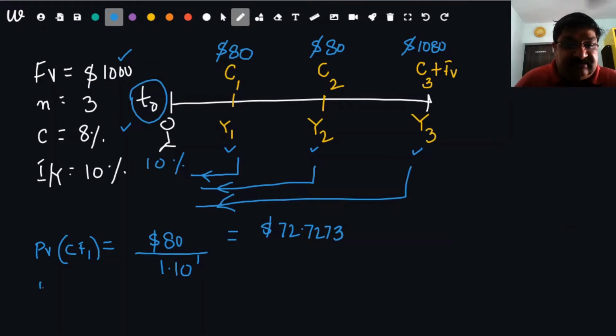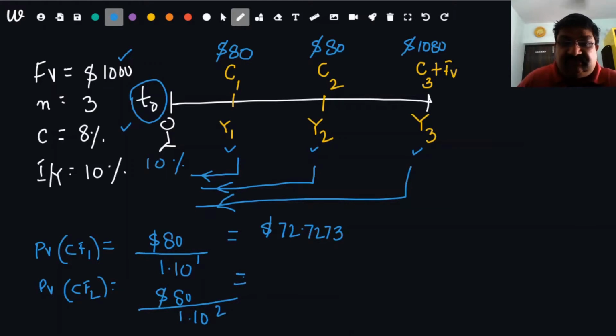$72.7273. The present value of the second year cash flow will be how much? The present value of the second year cash flow is $80 divided by 1.10 raised to the power of 2, because here we are going to pull this back by another 2 years. So divide this by 1.10 square and you get the second year cash flow present value, which is 66.1157.